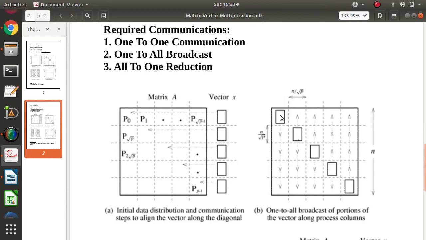So this value should get broadcast to all the other processes, and that's why we require one-to-all broadcast. This process will broadcast this value to all the other processes.